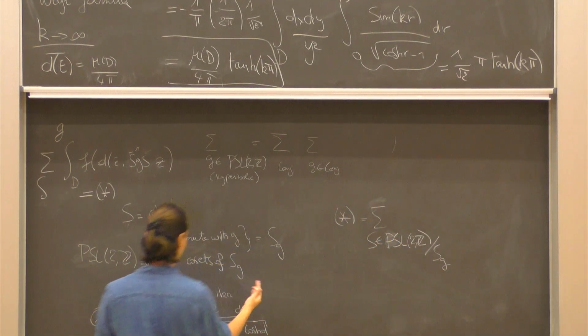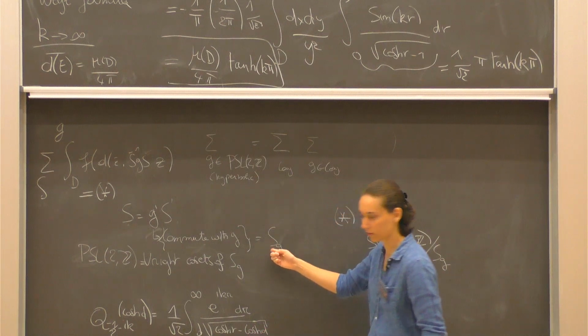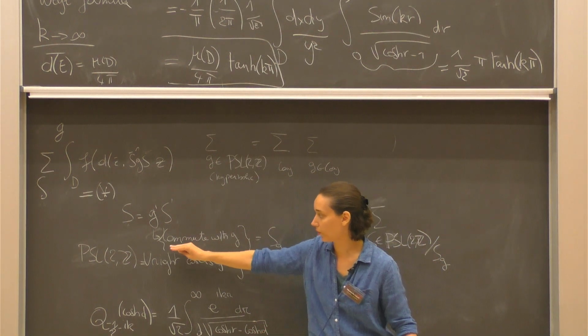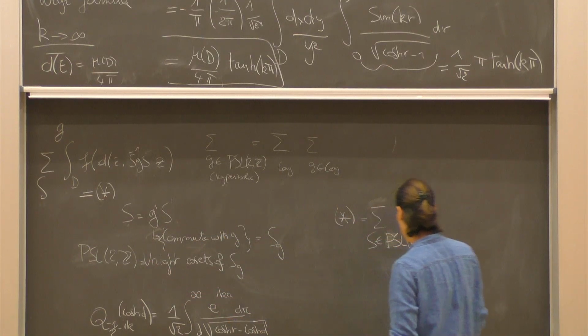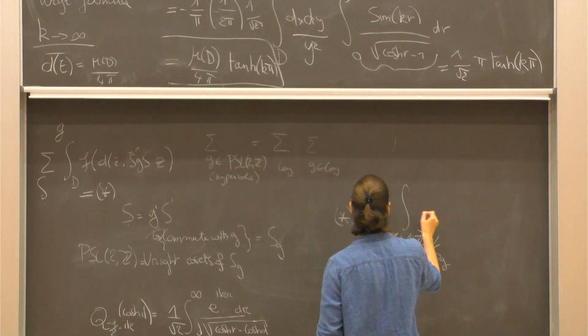But what I mean really is the right coset. You can easily show that this is a subgroup. By this defining property, it is a subgroup of PSL2Z. So you can consider the quotient. And then you write down this integral you want to take.